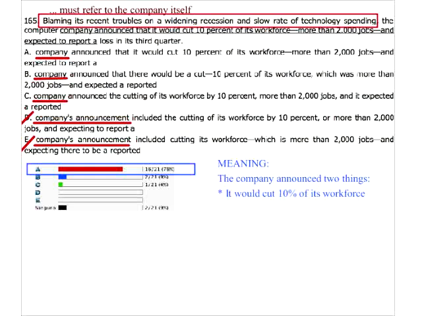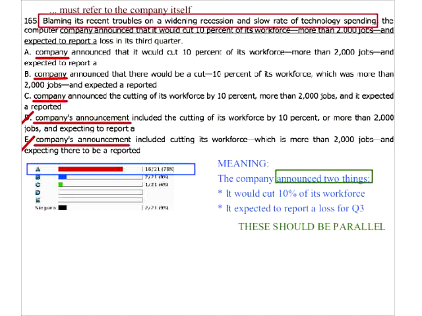The second thing that the company announced is that it expected to report a loss for the third quarter. So these things should be parallel because they are parallel meanings. There are two announcements of equal priority in the sentence. So whenever you have the company announced this and that, these should be parallel.